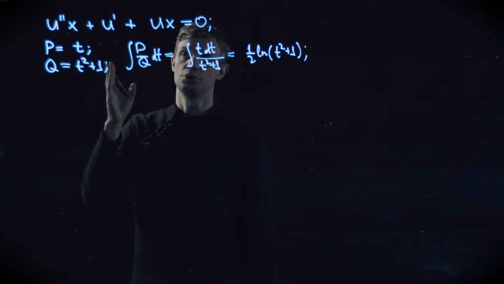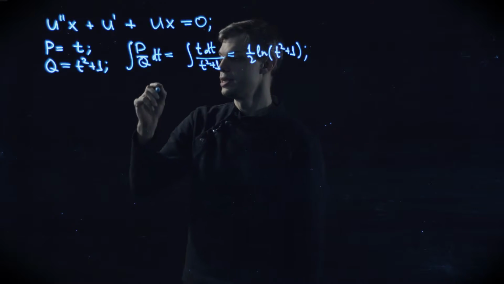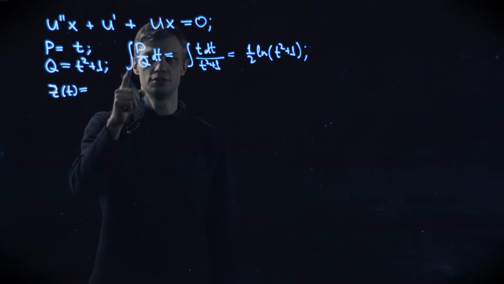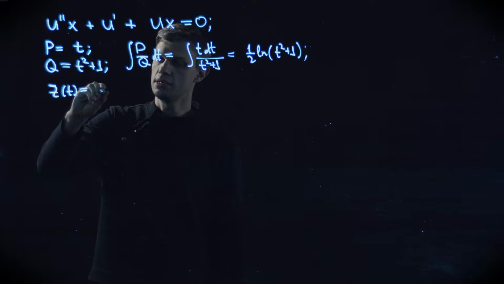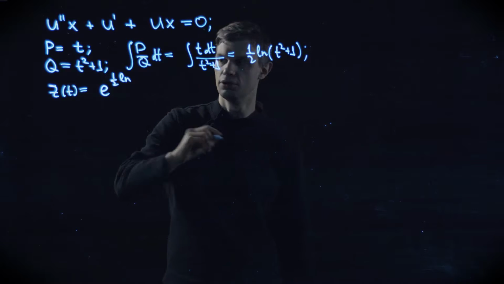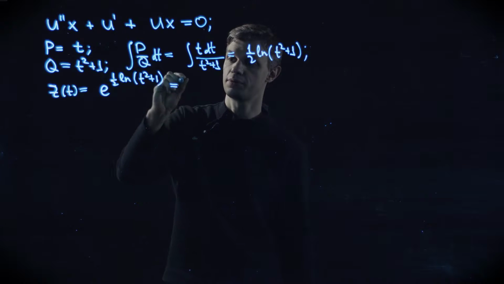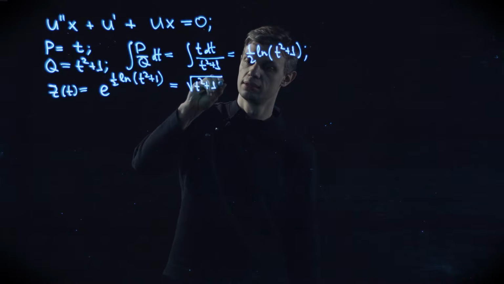Now we are ready to write down the exact solution of this differential equation in terms of a contour integral. So the z function is e to this integral, so it's e to 1/2 of the corresponding log, which is simply the square root of t squared plus 1.